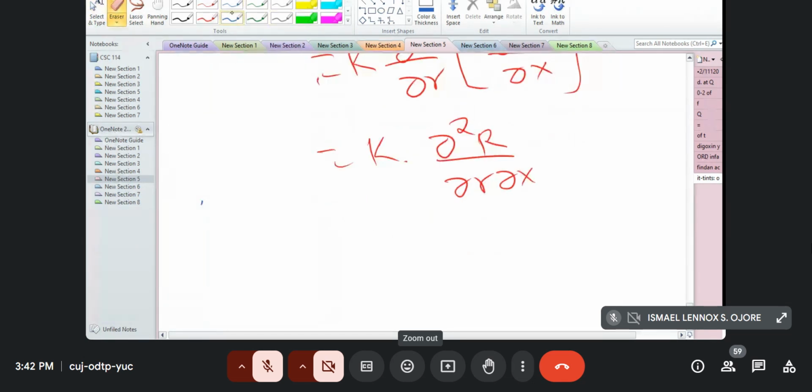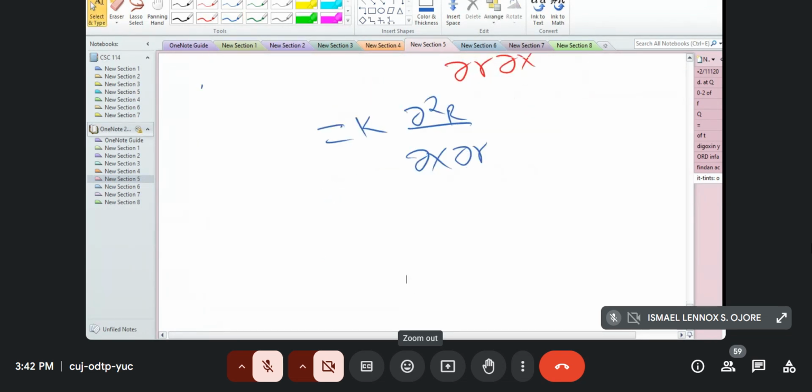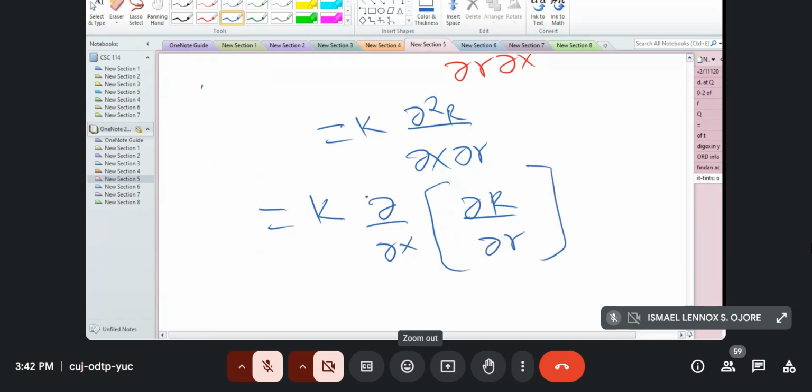So this is equal to K times partial squared R, partial x, partial small r. We can split this again and say this is partial x of partial capital R, partial small r. Still the same thing, right? Are we still together? Yes.